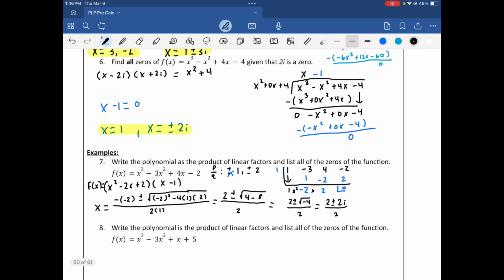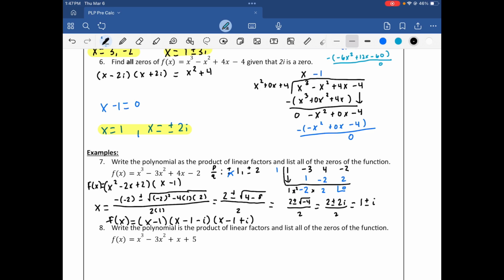And since every piece of that is divisible by a 2, we can do that and just get 1 plus or minus i. So our product of linear factors, we would have f of x is equal to x minus 1. That's the factor we found from synthetic division. And then we would have x minus 1 minus i and x minus 1 plus i.